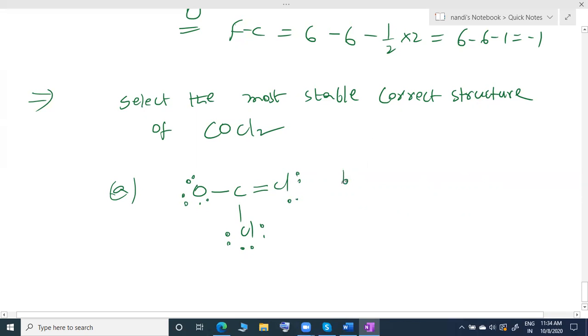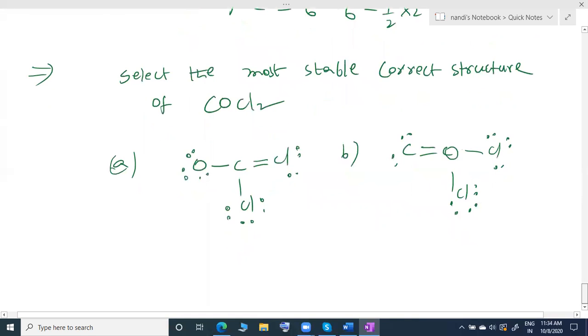This is structure A, then structure B. So 2 lone pairs, 3 lone pairs. The next structure is oxygen, Cl, Cl. So all single-bonded Cls have 3 lone pairs. This is 2 lone pairs. Clear?